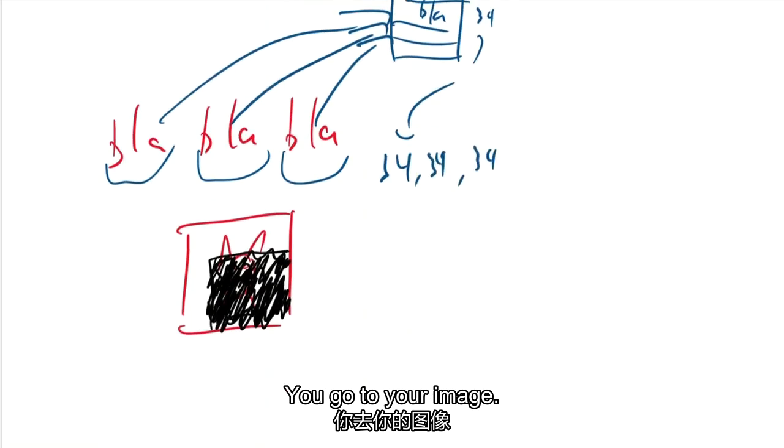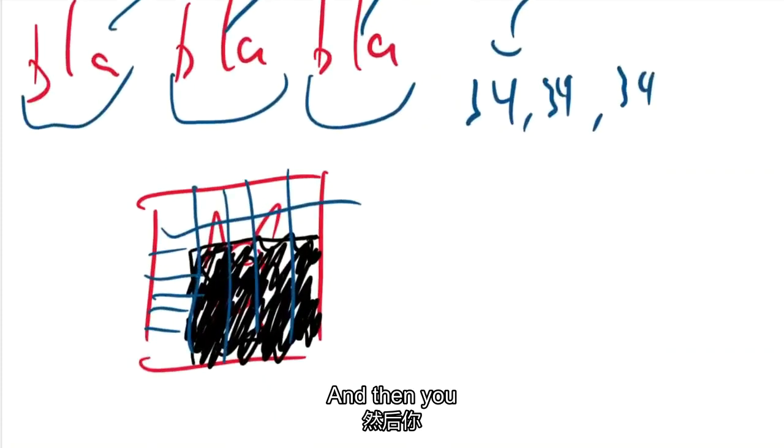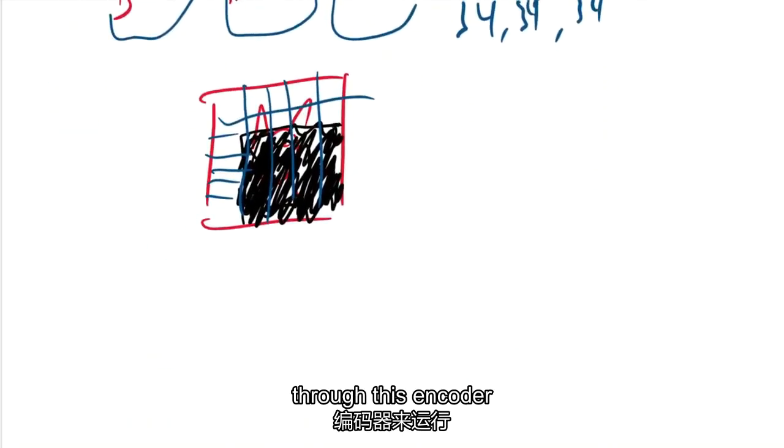You go to your image, you rasterize this according to your definition, and then you run this through the encoder that you trained.